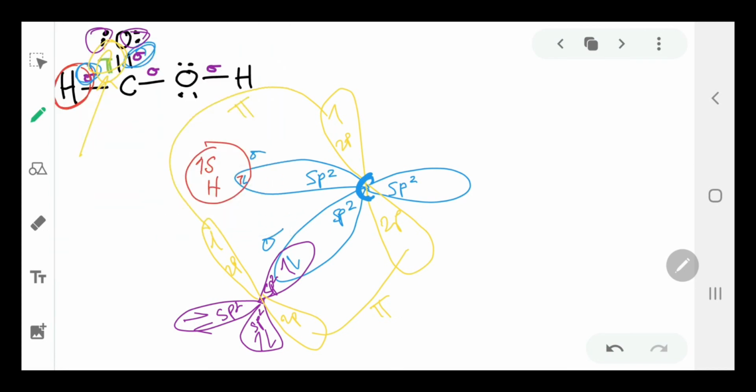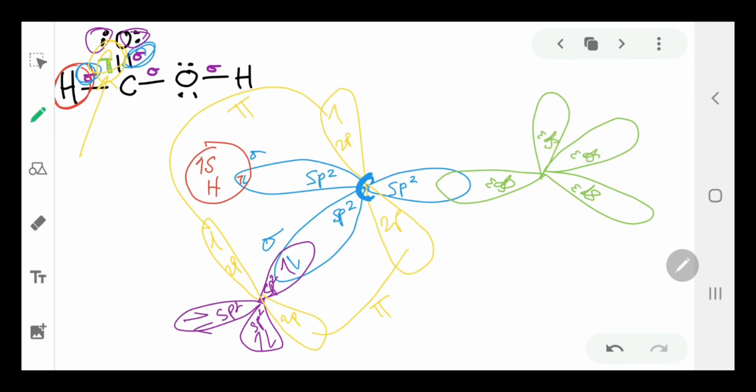So the shape of sp3 is something like that. Label sp3, sp3, sp3, sp3. Remember, it has 2 lone pairs. The first lone pair, that one, and then the second lone pair, this one over here.